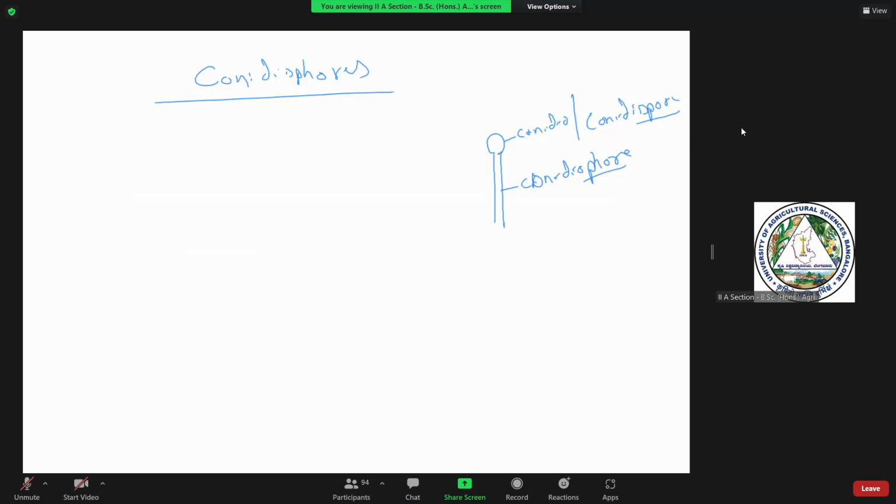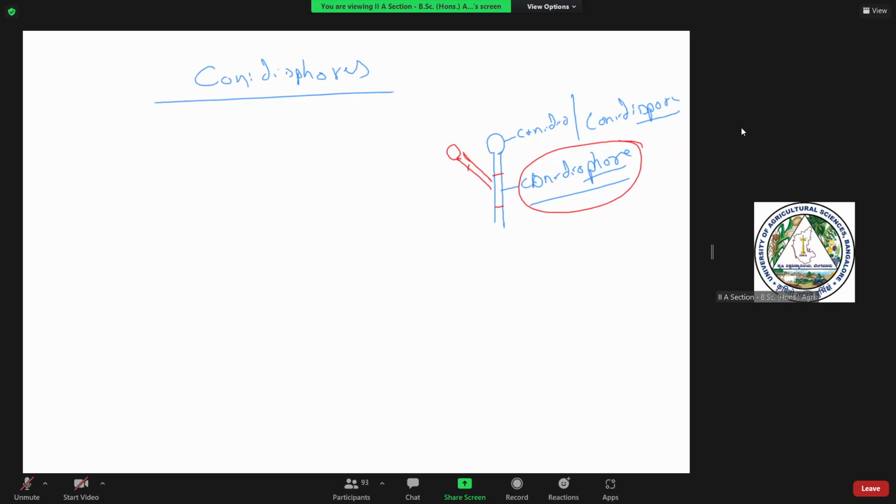What is a conidiophore? It can be short or long, or branched, simple, septate or aseptate.